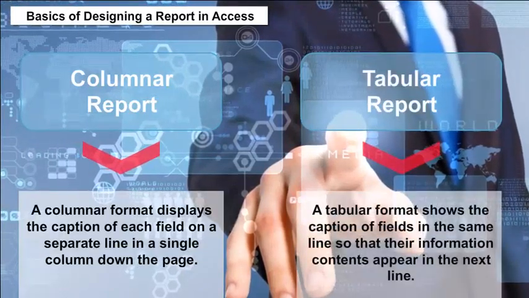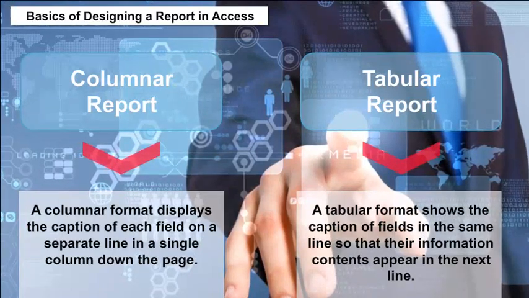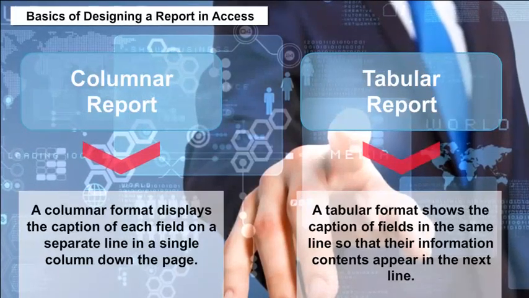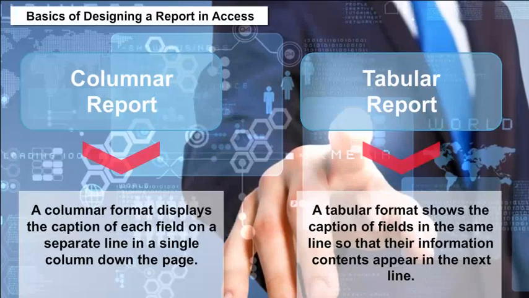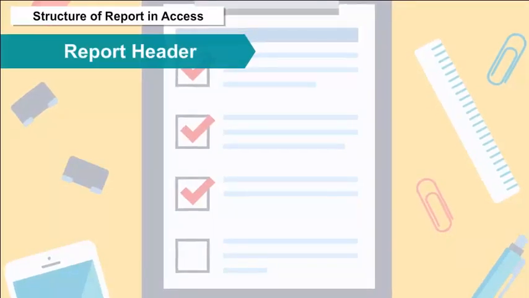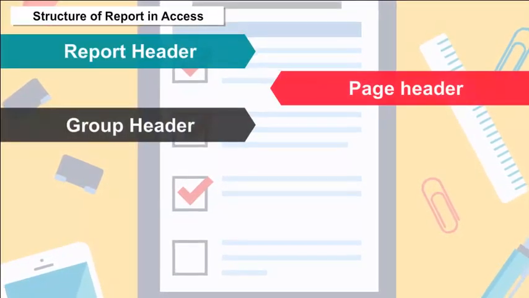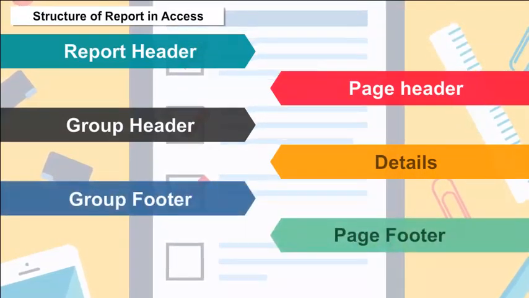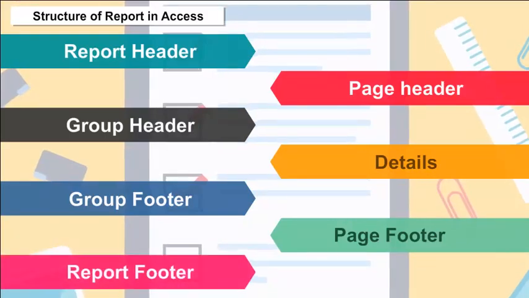A tabular format shows the caption of fields in the same line so that their information contents appear in the next line. Structure of report in Access. Report header, page header, group header, details, group footer, page footer, report footer.